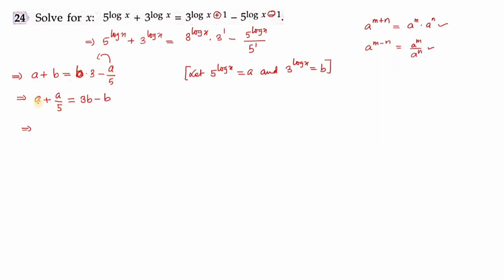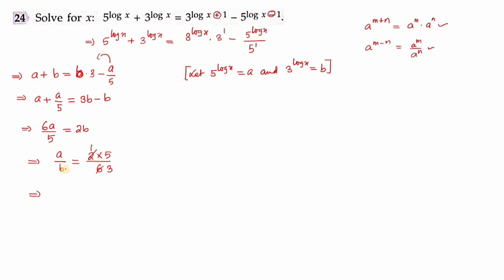So 5a plus a is 6a by 5, which is equal to 2b. Let's find out what a by b is. Let me bring this b down. a by b is equal to 2, so this 5 goes up and the 6 comes down. You can do the cancellation: 2 ones are 2, 2 threes are 6. So it is 5 by 3.